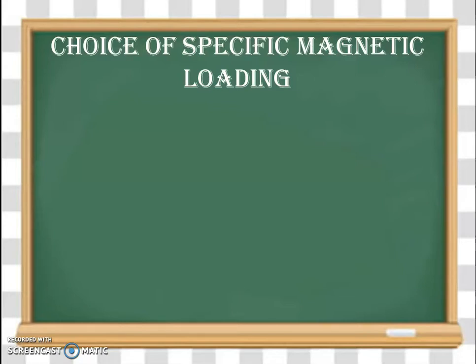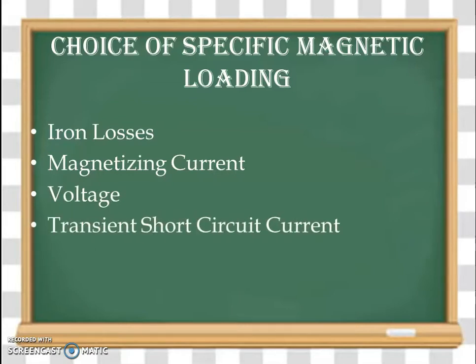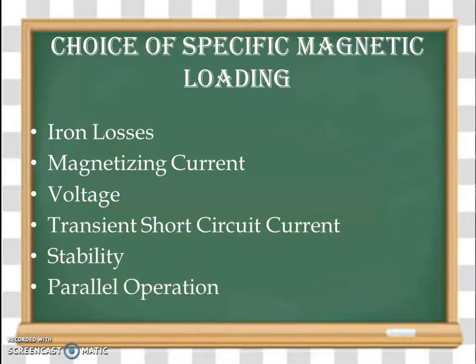So we'll study some of the factors like iron losses, magnetizing current, voltage, transient short circuit current, stability of the machine, and parallel operation. These are some of the factors which we have to study before choosing the appropriate value of specific magnetic loading. So let us study one by one.